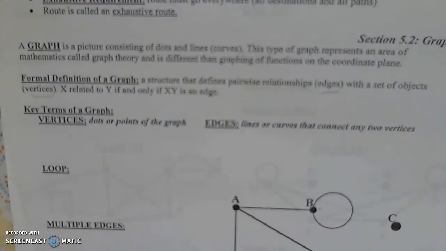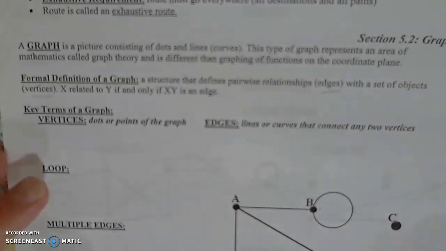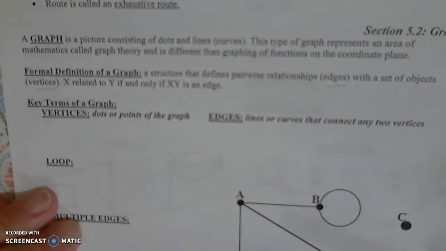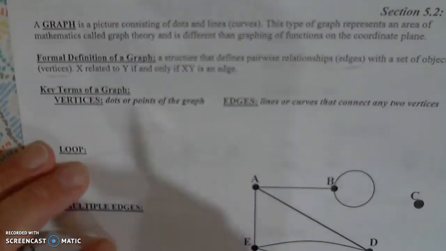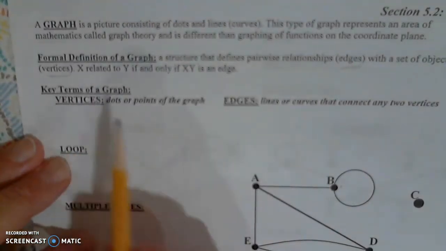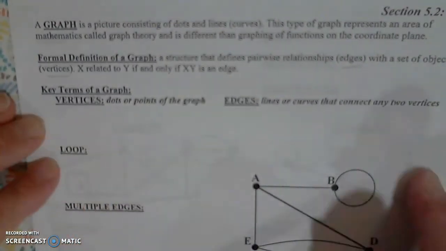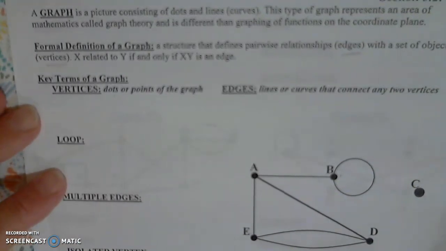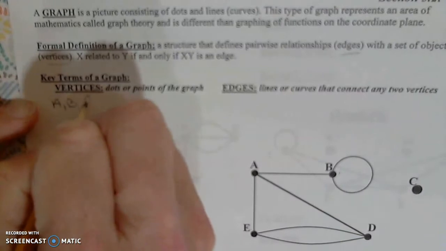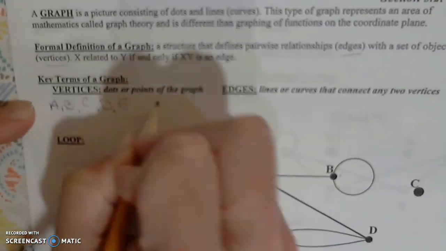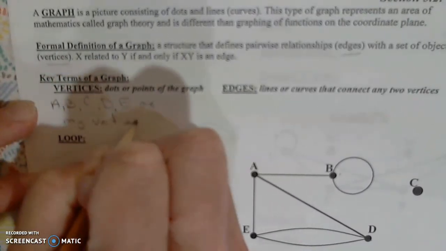Okay, so let's first talk about all the vocabulary. That's going to be the most important part here. So the first part, your vertices. They are the dots or the points on the graph. So in my picture here, I would say A, B, C, D, and E are my vertices.